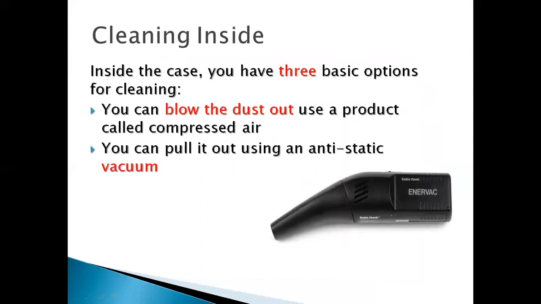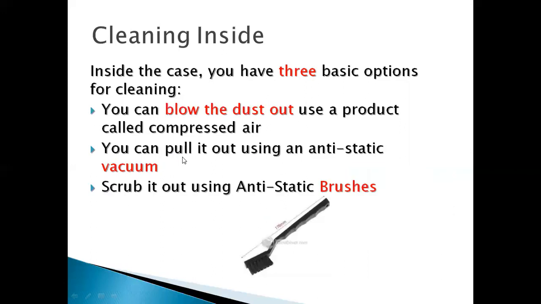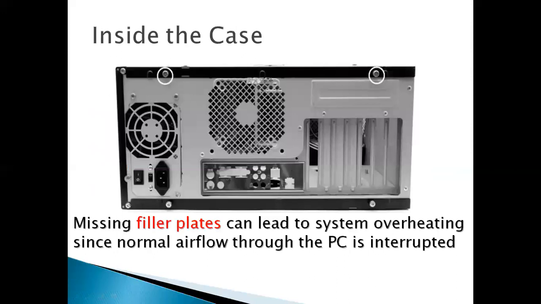Second, you can pull it out using an anti-static vacuum to remove the dust from the upper layer of the internal components of the computer. Third, scrub it out using an anti-static brush. Always use an anti-static vacuum, cleaner or anti-static brush to clean the internal components of the CPU to avoid damage to them.